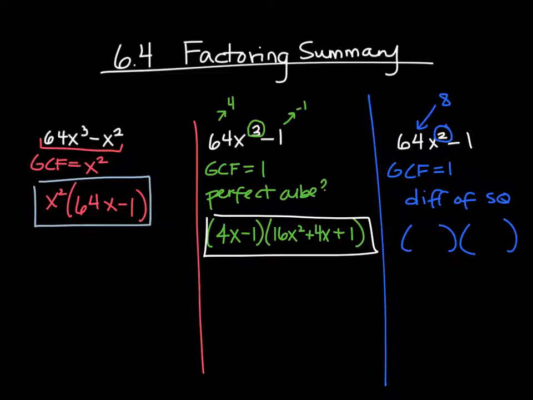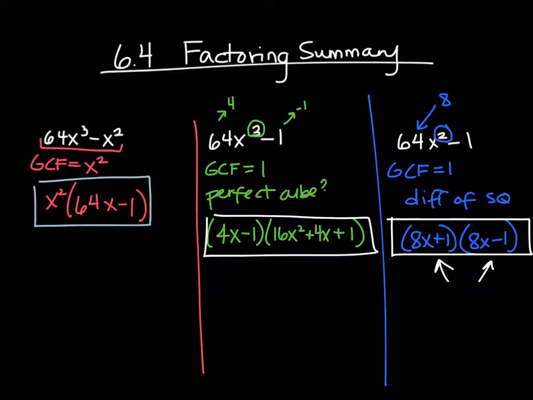That's going to be 8. The square root of 1 is 1. So I'm going to have 8x and 8x. And to break apart the -1, I have +1, -1. The only way difference of squares works is if you have opposite signs on the inside here. Remember, those are called conjugates. So there's my final answer.